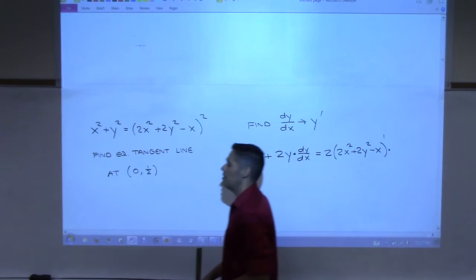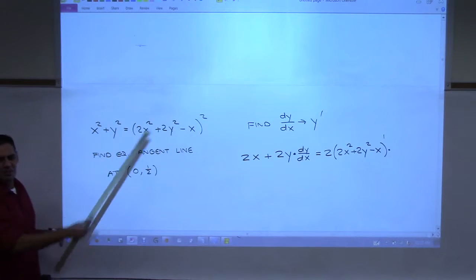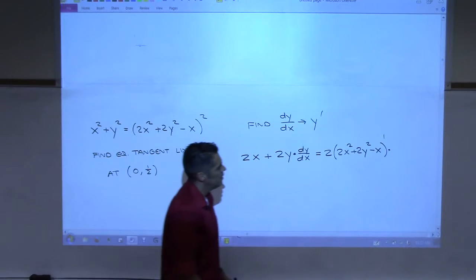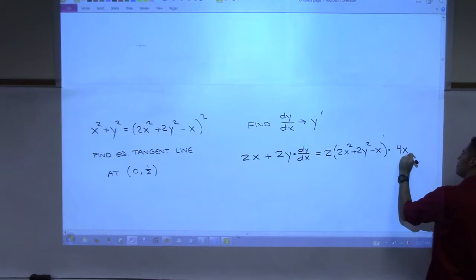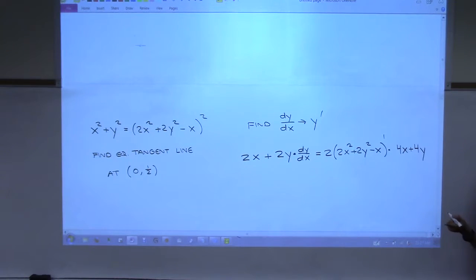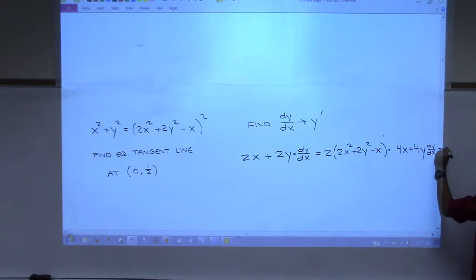Now you can go inside and take the derivative, and it's all addition. So each one by one. What's the derivative of 2x squared? 4x. And 4y dy/dx, and minus 1, and then parentheses.